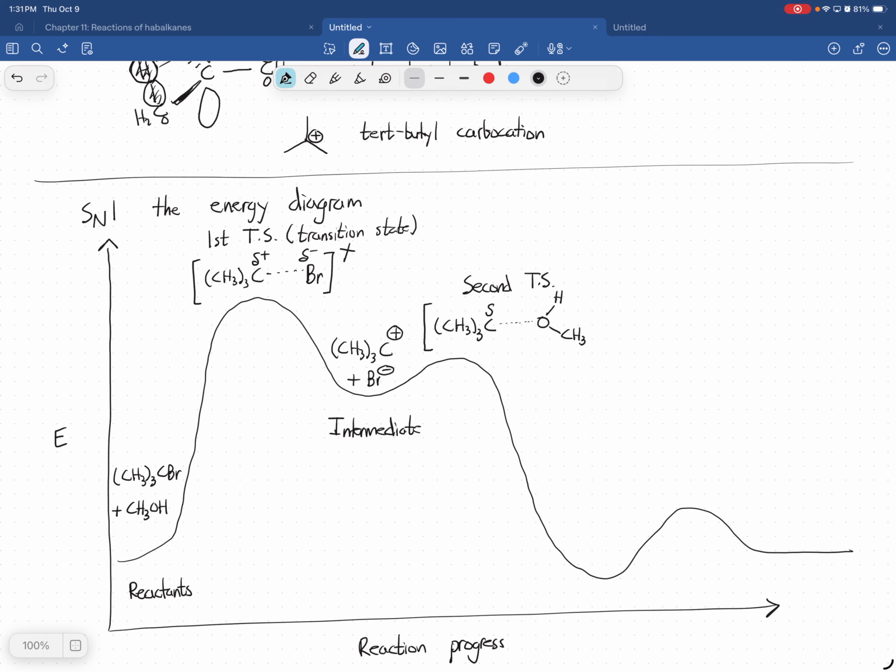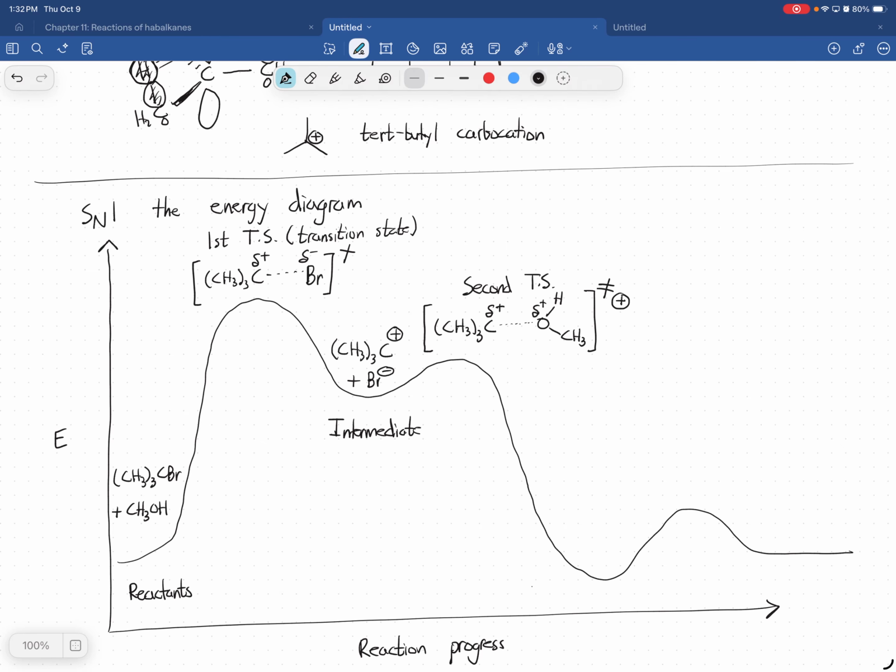This is still partially positive, and this is now going to get partially positive. This is our second transition state. In our transition states we actually have a positive charge going on, so that's why we put the positive charge here. Then it goes down to the second intermediate, which is right here. Let's write that: (CH3)3.